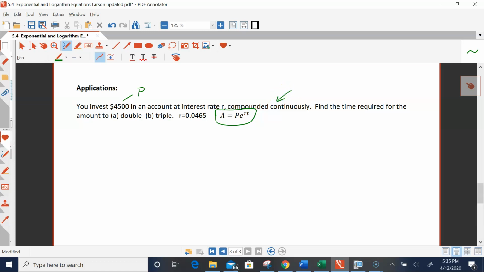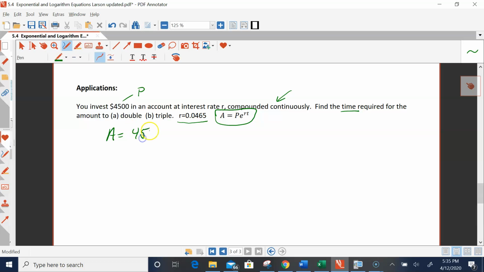It's compounded continuously, and I want to find out the time required. So the time is an exponent. I want to find the time required for my amount to double and triple if my interest rate is 0.0465. Let's just get this set up.